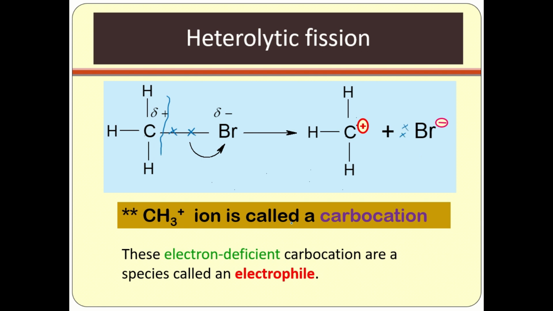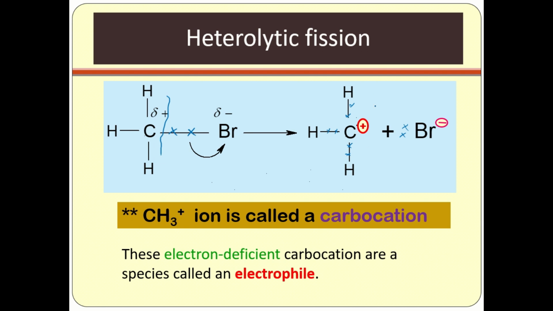This lone pair was the covalent bond. Carbon didn't take any of the electrons, so it now has a positive charge. It is electron deficient, that means it didn't achieve stable electronic configuration. It has only 6 electrons around it. So this is not stable, it has a positive charge.